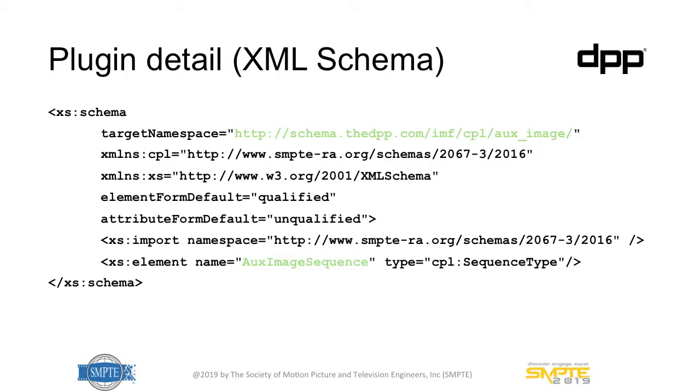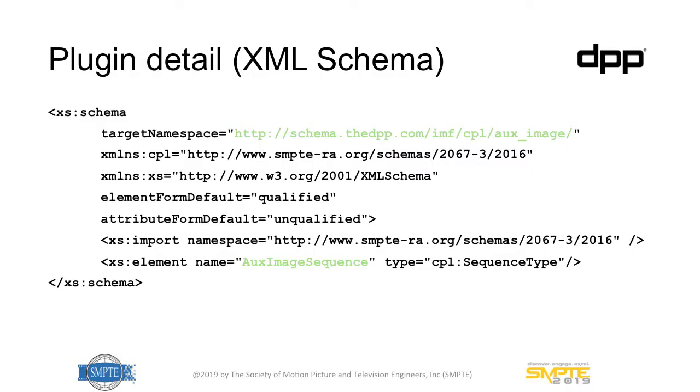It's a very simple definition, which is easy to do in IMF, and it's essentially done in the very same way as the other tracks that you would have, for example, for timed text or other kinds of tracks in IMF. So the green parts are really the parts that identify the auxiliary image sequence as such and prevent systems not understanding this extension from crashing or producing unwanted results.